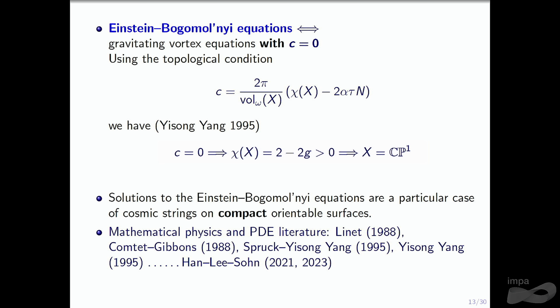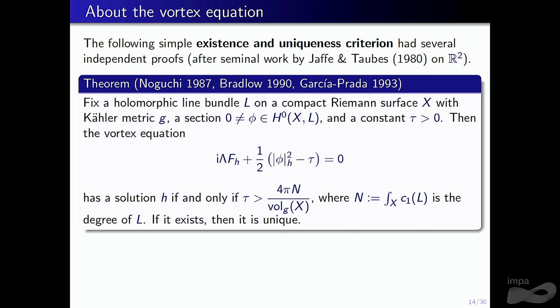Because of the physical motivation, there is a lot of work in the mathematical physics and PDE literature up to the last few years. And we want to apply this method to it.